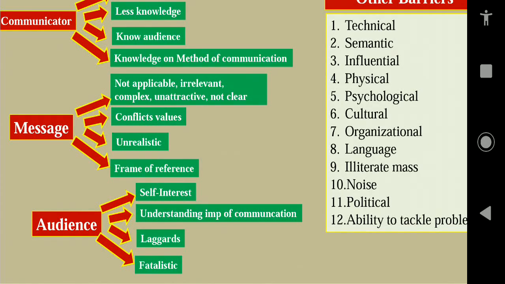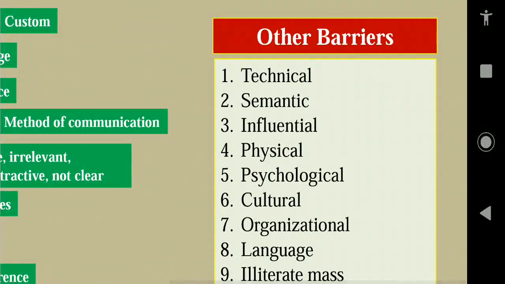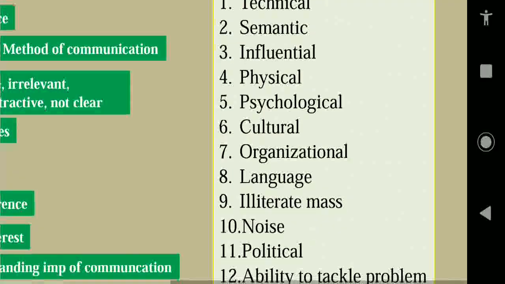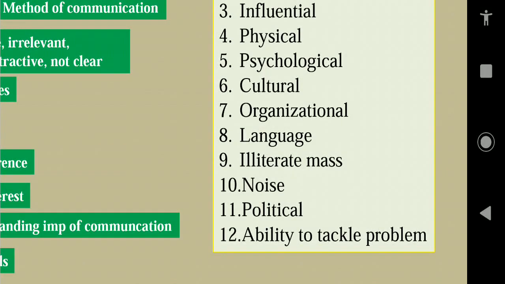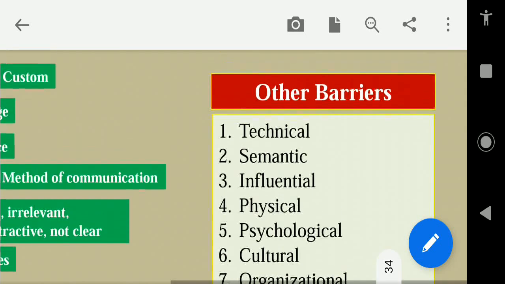Okay, now we come to other barriers of communication. Some other barriers are here. First is technical, then semantic, influential, physical, psychological, cultural, organizational, language, illiterate mass, noise, political, and ability to tackle problem. What is a technical problem? Technical barriers are related to noise problems resulting from the inaccurate transmission and interpretation of the message.